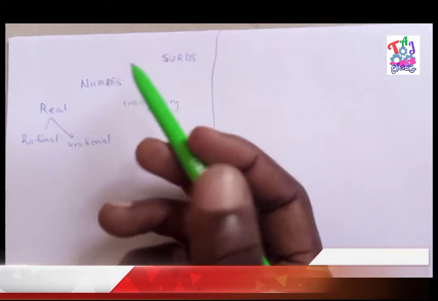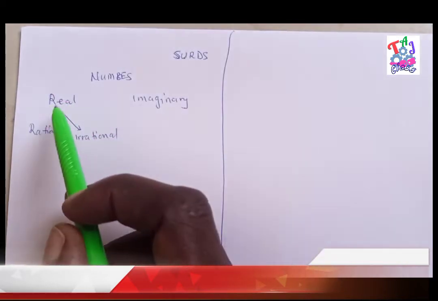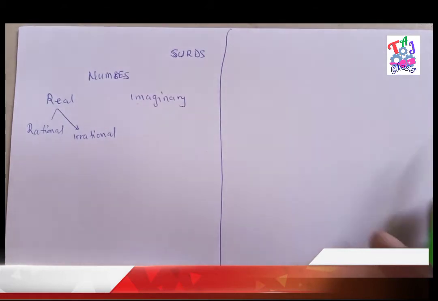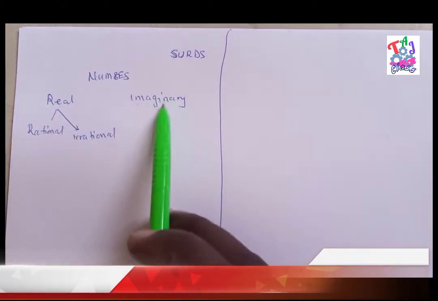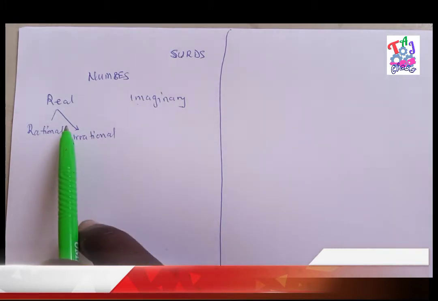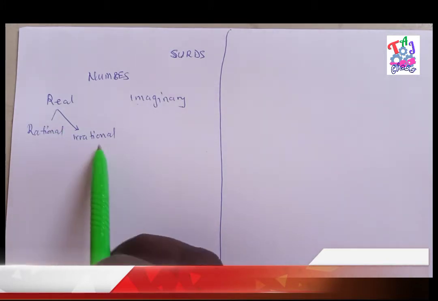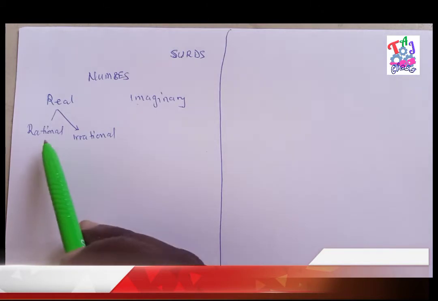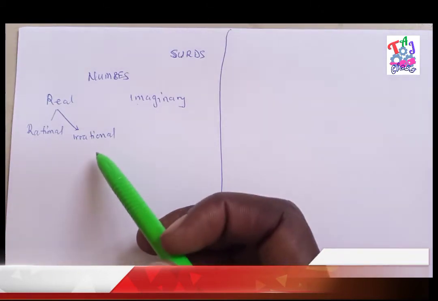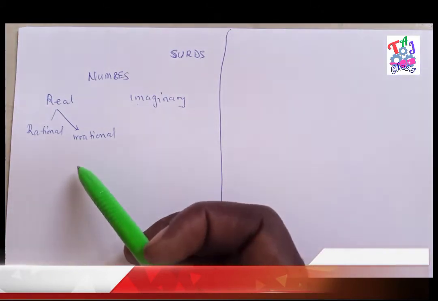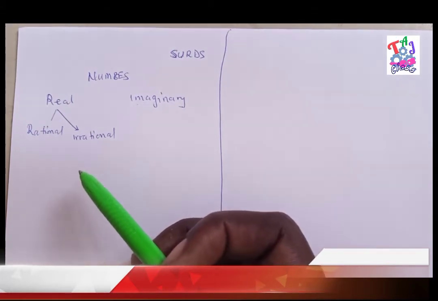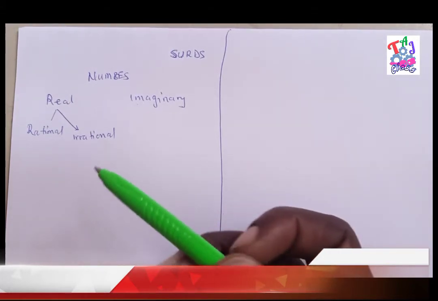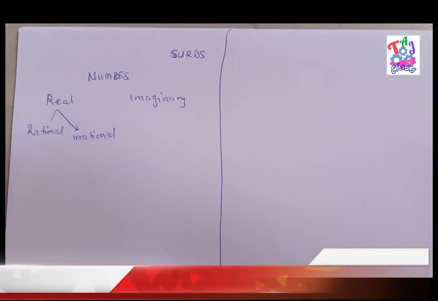Since a surd is a real number, it is under real numbers, so we are not going to talk about imaginary numbers. We are just going to look at real numbers, and under real numbers we have rational numbers and irrational numbers. Now, let's first know what rational numbers and irrational numbers are.